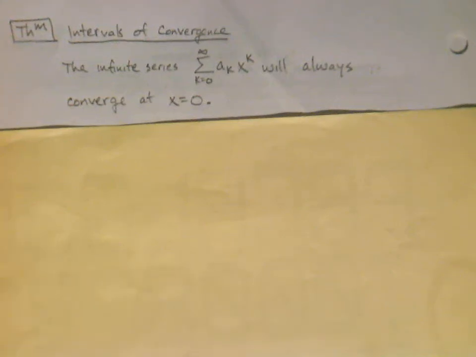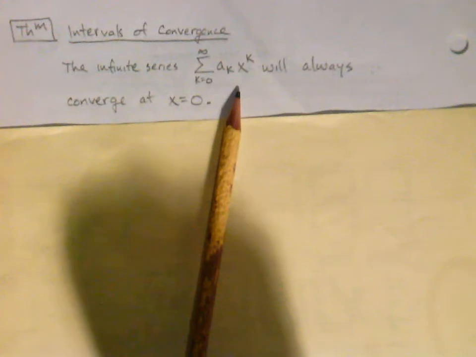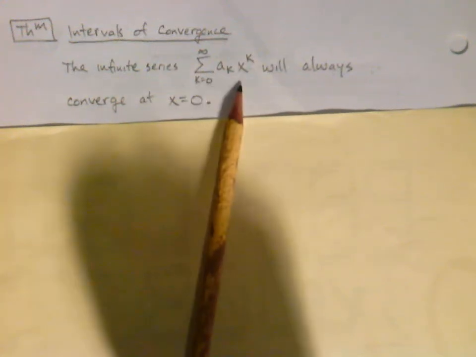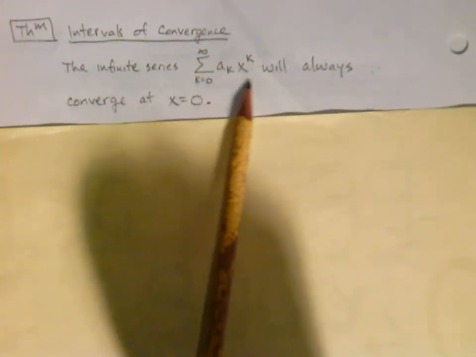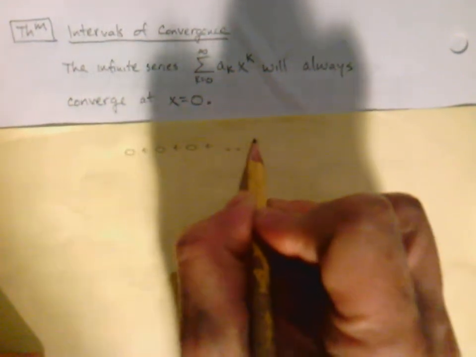How do we know that we will always converge at x equals 0? Well, let's think about it for a second. If you take 0 and you plug it in for x, well, wouldn't the whole thing just become 0? And then we're still going to think infinitely many terms, but it would just become 0 plus 0 plus 0 plus 0, dot, dot, dot.